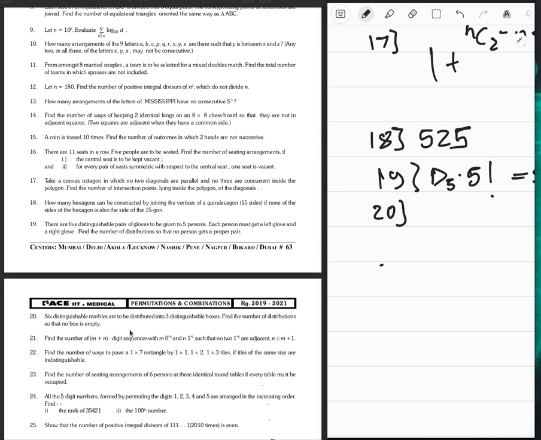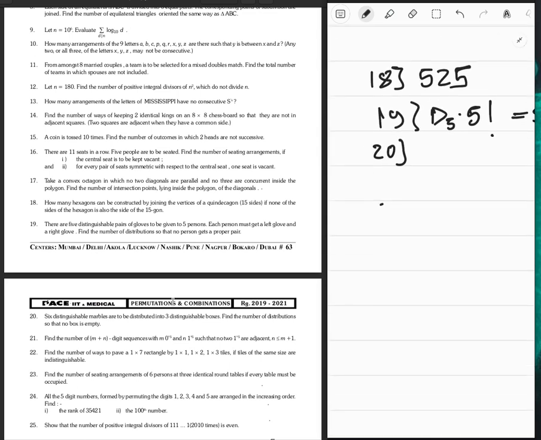So 1 box is empty, or at least 1 box is empty. Then at least 2 boxes are empty, and then 3 boxes are empty. That's the number of ways, exactly. Okay, let's just start. So for all these 6, isn't there a better way of doing it? So at least 1.